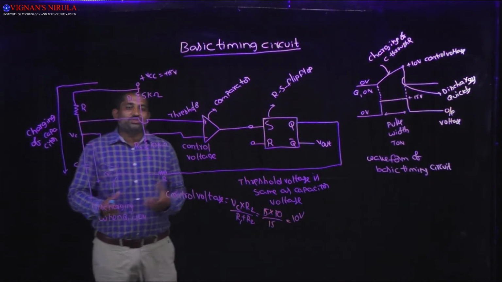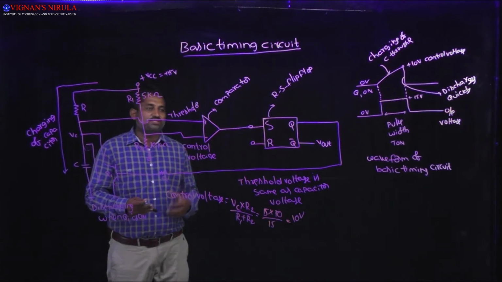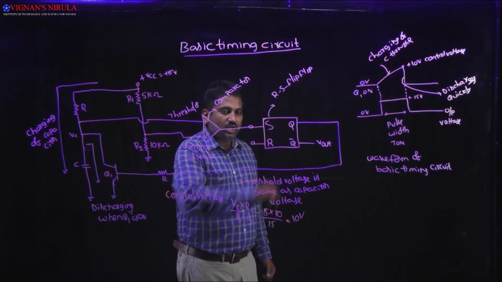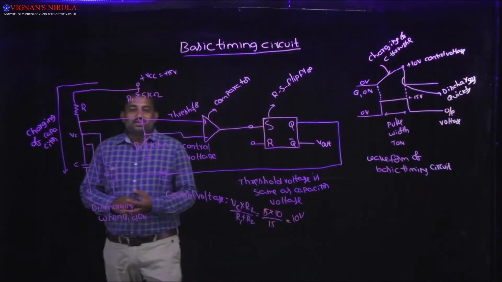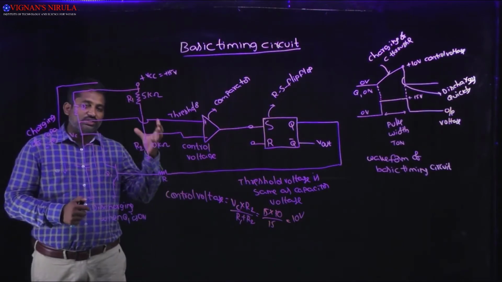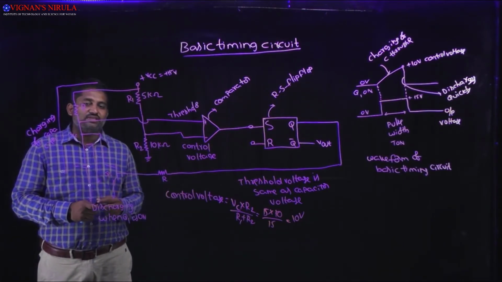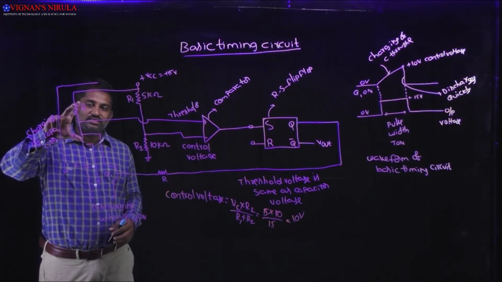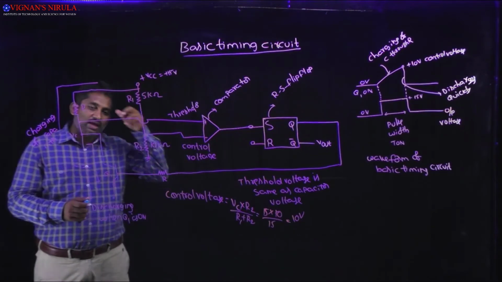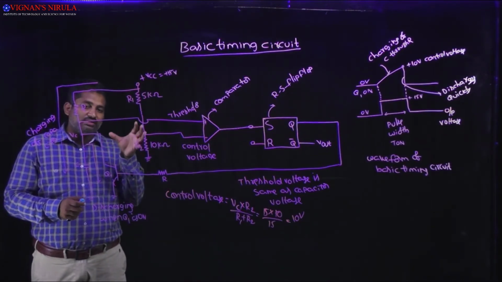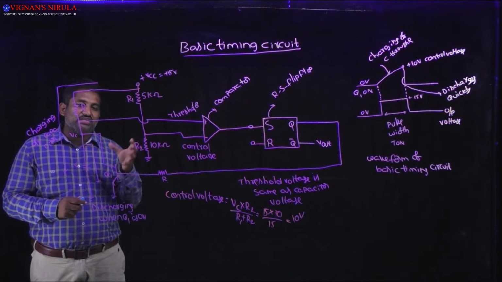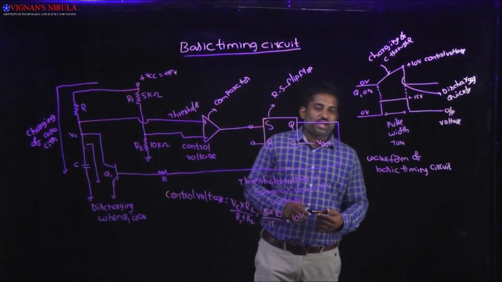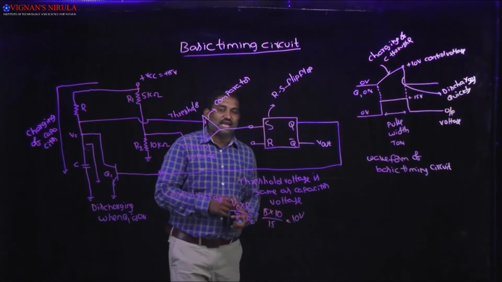So the capacitor charging and discharging depends upon the output of the SR flip-flop or RS flip-flop, and the timing of charging as well as discharging of the capacitor depends upon the elements we are using, here R and C. Depending upon the values of R and C, the time duration of the charging as well as the discharging is determined.